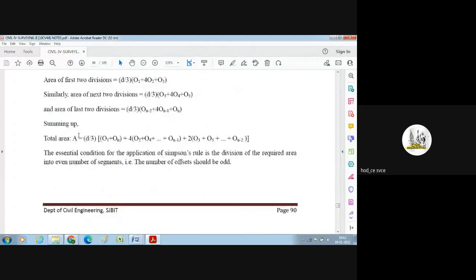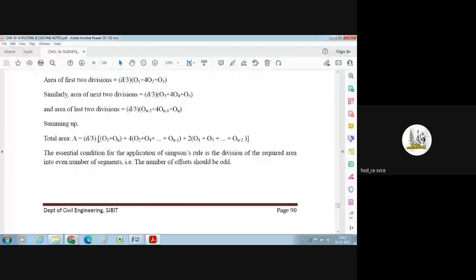So finally the area formula by using Simpson's rule, d by 3 is the common thing. It is a parabolic curve, that's why one third of the distance, that means d by 3, and the first and last ordinates are single, right?